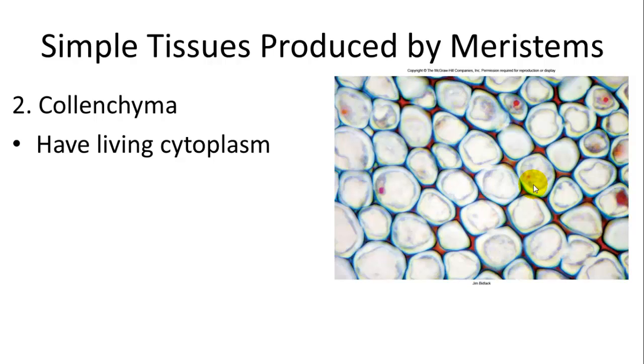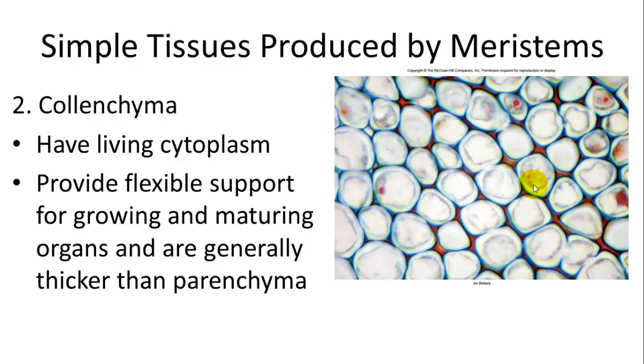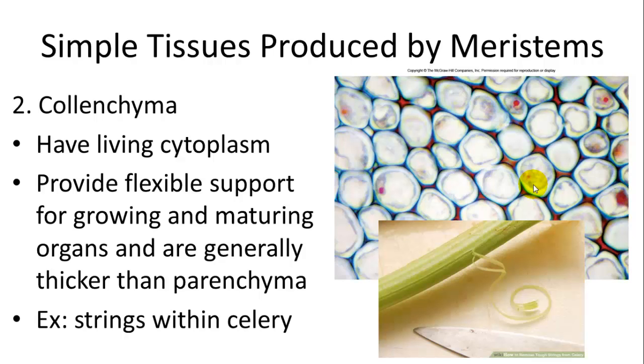They also have living cytoplasm, another type of cell produced by the meristem, and they provide support for growing and maturing organs and are generally thicker than the parenchyma. Okay, an example of this is the stringy parts found within your celery, which give the celery its structure.